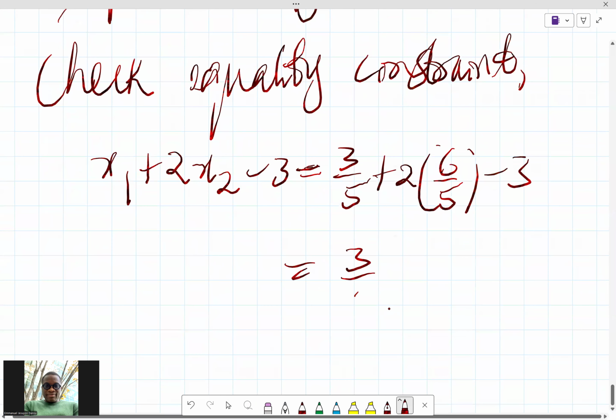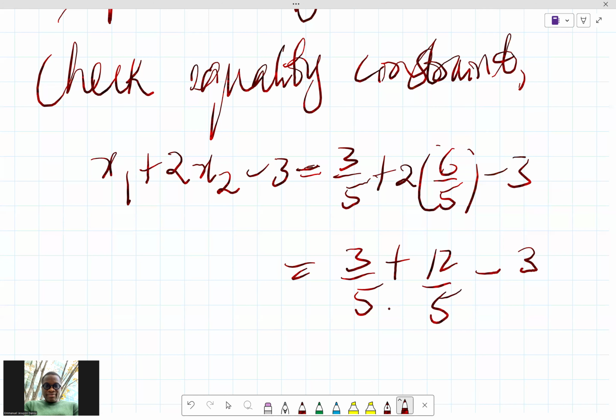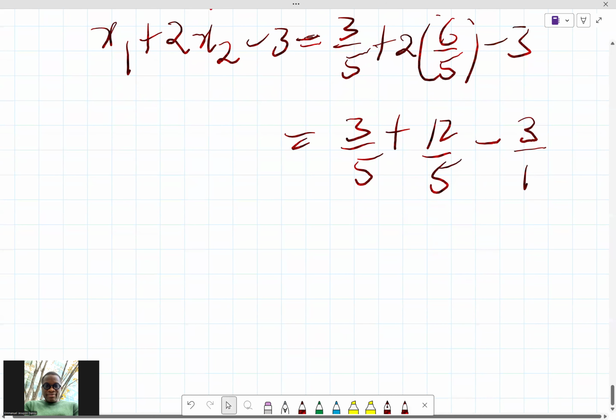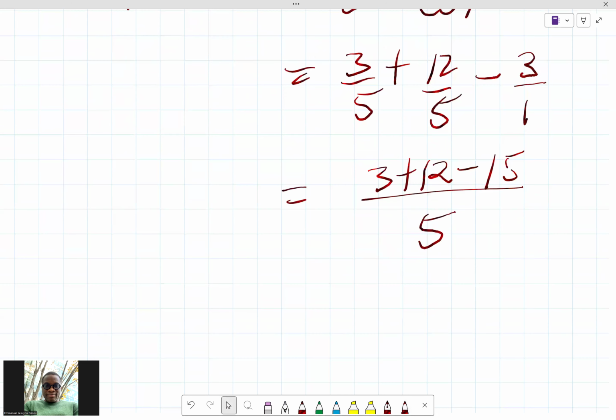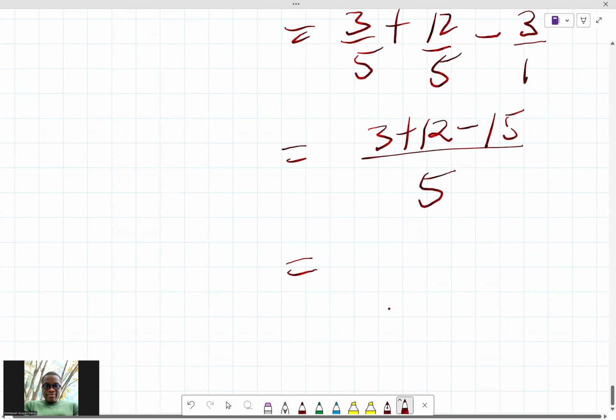So this is 3 over 5 plus 12 over 5 minus 3 over 1. So the LCM is 5. So 5 and 5 is 1. That's 3 plus 12 minus 1 and 5, 5. 5 times 3, 15. Okay, so this is equal to 3 plus 12, 15. 15 minus 15, 0. So we have 0 over 5.